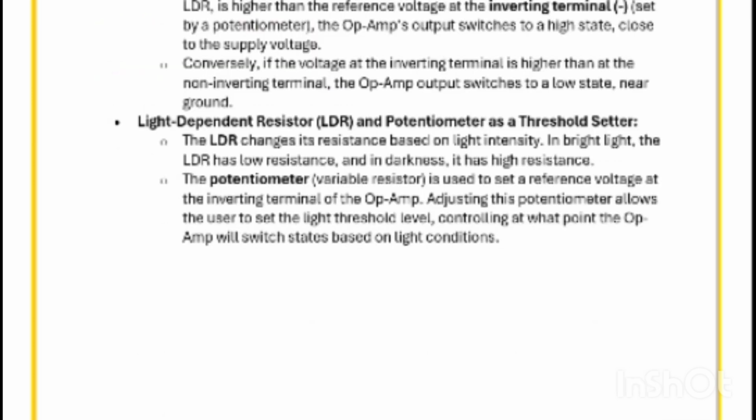The second is the LDR, the light dependent resistor, and the potentiometer. The variable resistor, that is the potentiometer, allows us to set the reference voltage at the inverting terminal of the op-amp, and by setting this value we are able to determine the light level at which the LED will turn on or off.